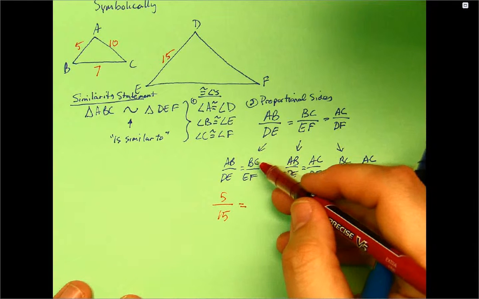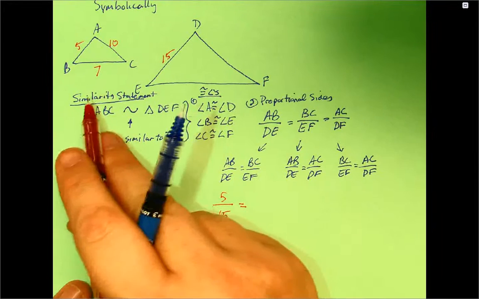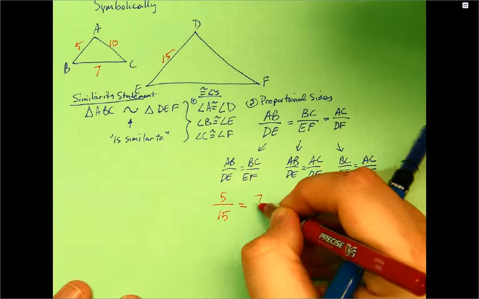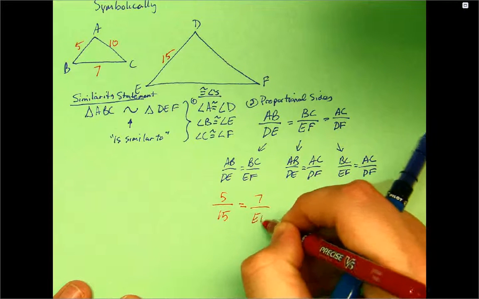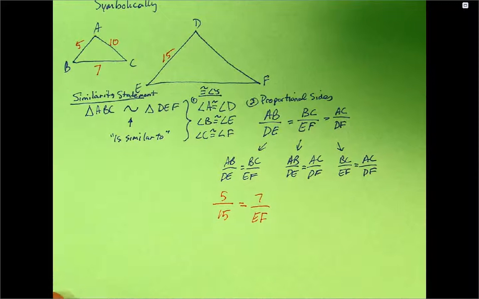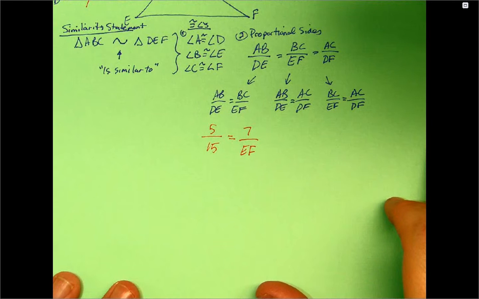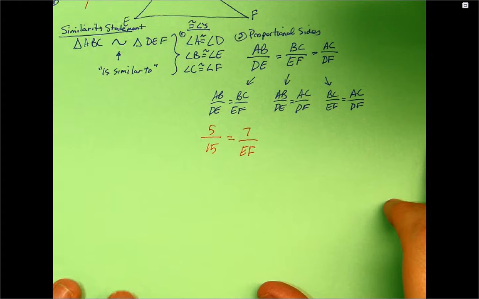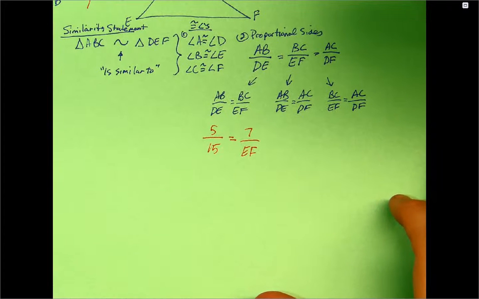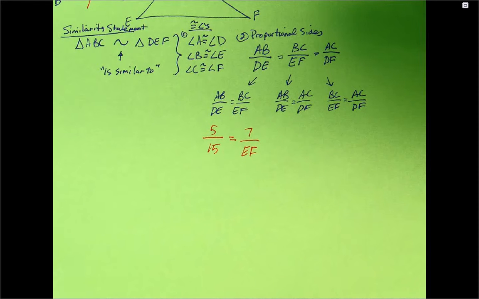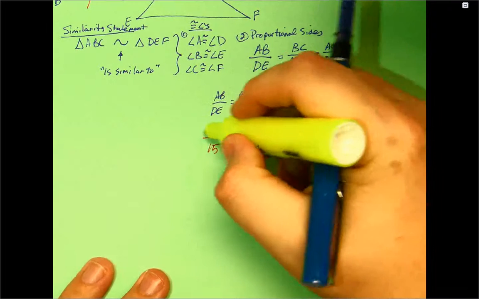And that's got to be over EF. Now, how do you solve a proportion? Well, yeah, you figured out the scale factor. But the proportion does this. Remember cross product?